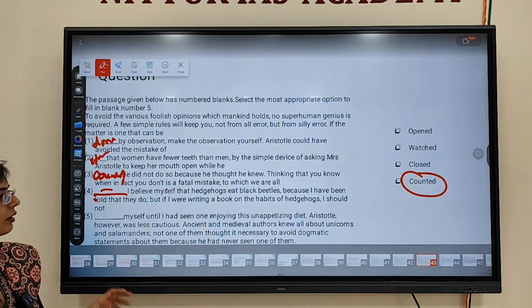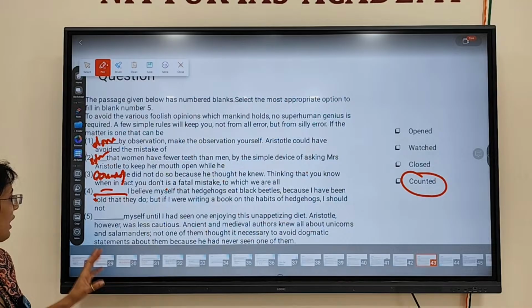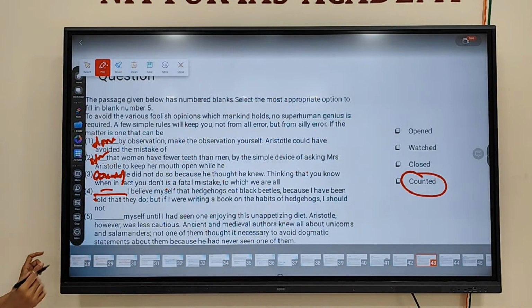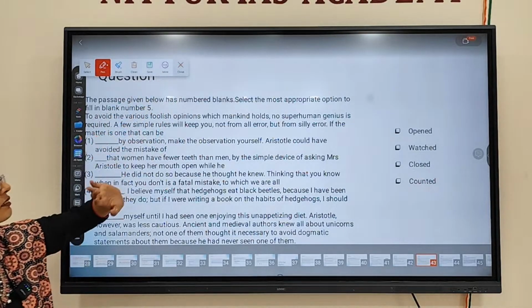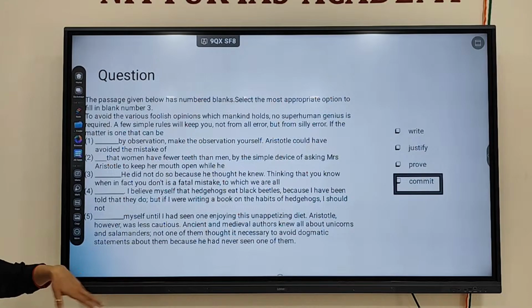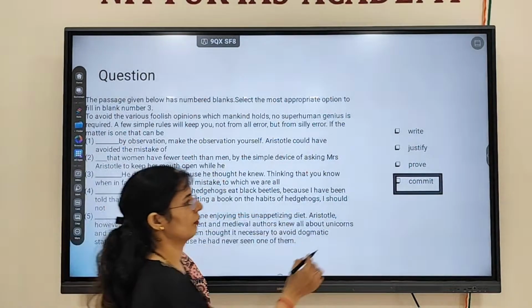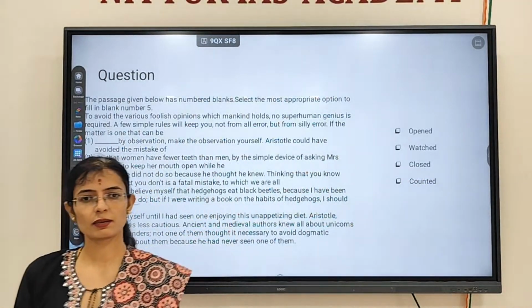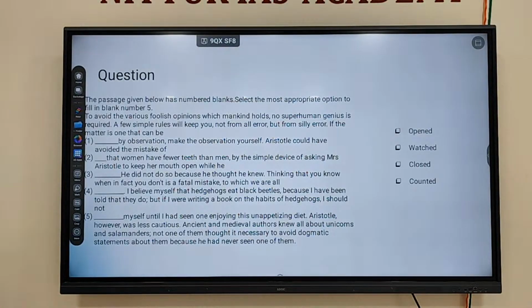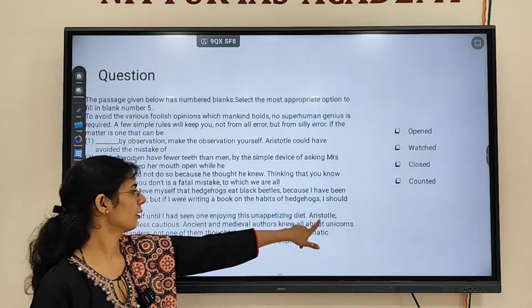If I were writing a book on the habit of hedgehogs, I should not say it, I should not commit to saying that hedgehogs eat beetles until I prove it, until I had seen one enjoying.